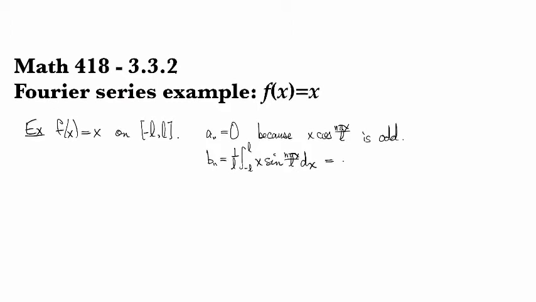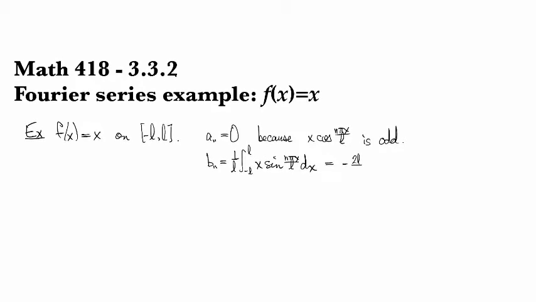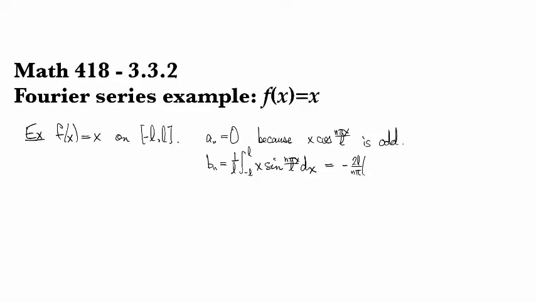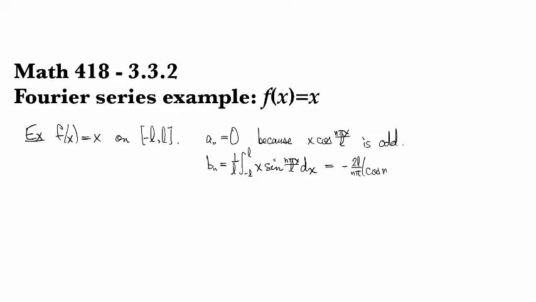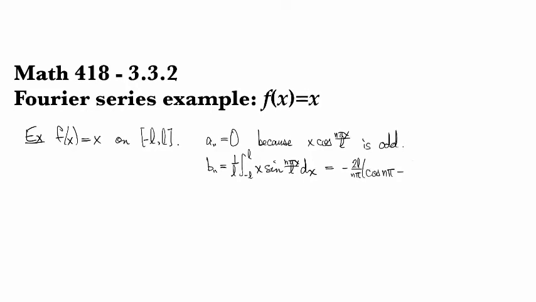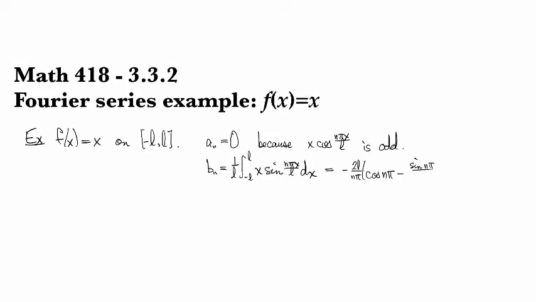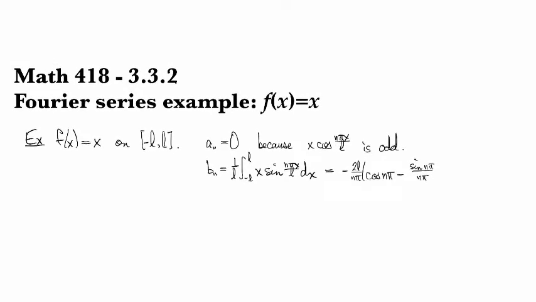You can do it by integration by parts, but probably at this point you don't need the practice because you can do it well enough. Okay, so then cosine n pi minus, and then we have sine n pi over n pi.